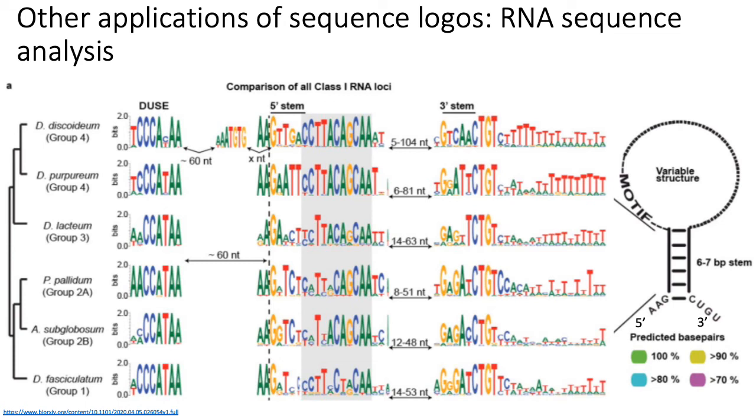And oftentimes, the entropy at a particular position in an RNA can tell you something about the structure of that RNA. And so lots of people have found that, for example, there might be certain motifs of bases near stem loops of RNA that might correspond again to some sort of functional element or some sort of requirement for maintaining a certain 3D structure of the RNA at that particular position.